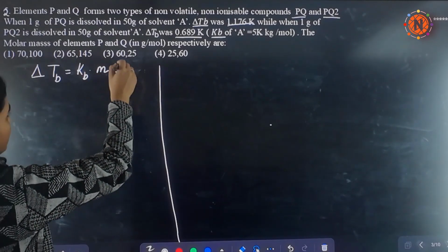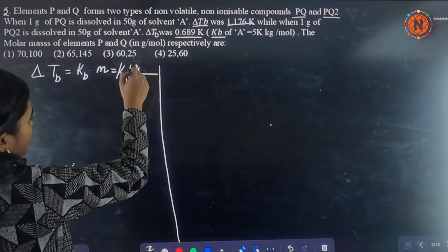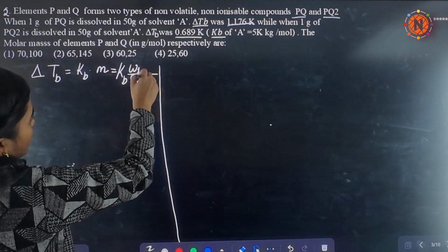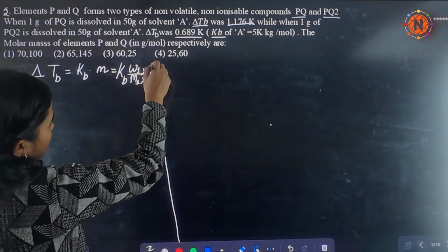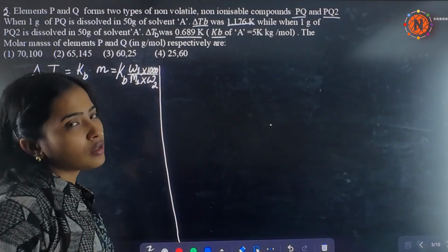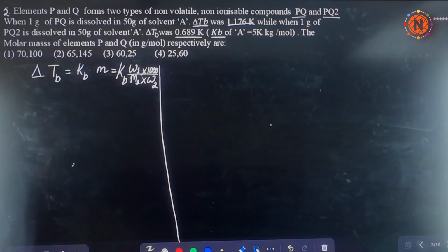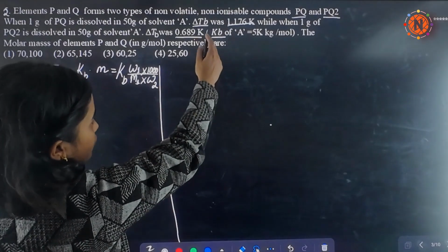If I simplify it, it will be number of moles of solute divided by molar mass of the solute into mass of the solvent, and in the numerator I have to write 1000, as mass of solvent should be taken in kg. Okay, so there two delta T values are given for the compounds.